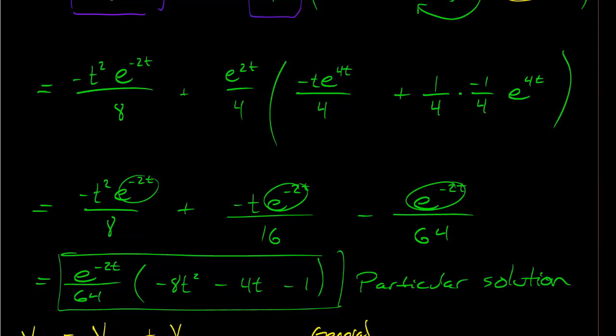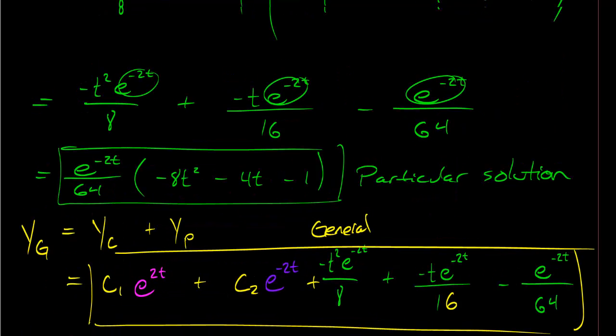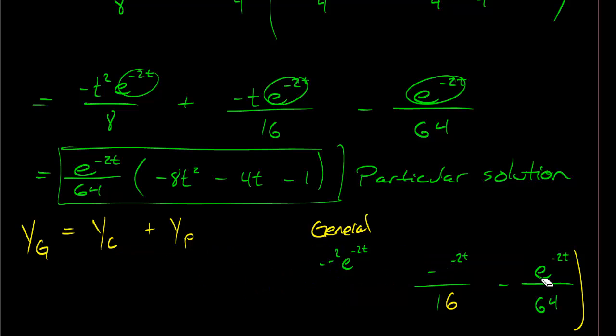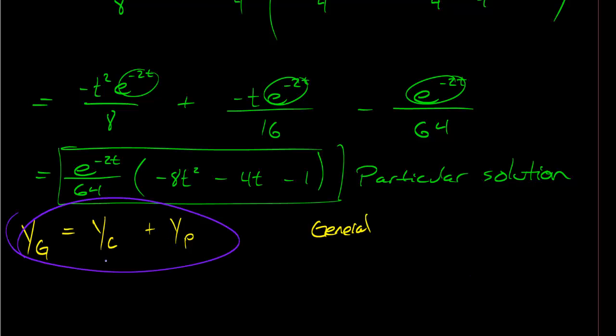A general solution, if we want to press on a little bit further, we could say our general solution is always given by y sub c plus y sub p. So this was our complementary solution, sometimes called y sub h.